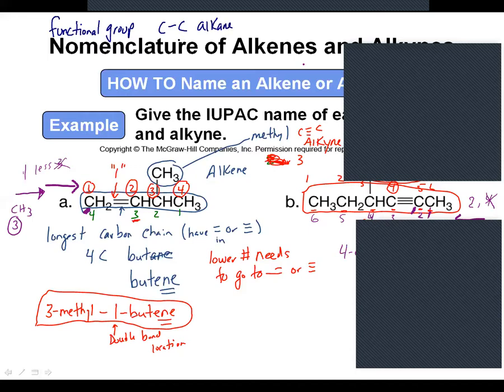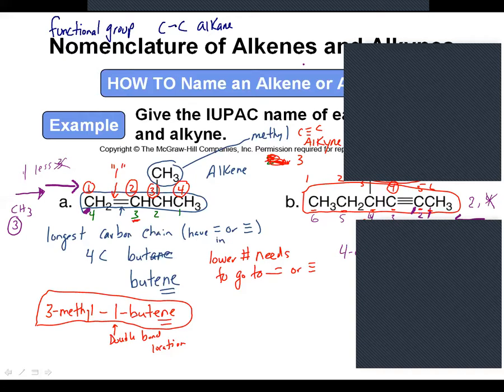These are sometimes referred to as saturated hydrocarbons because they all have carbon-carbon single bonds. That means that each of the carbons in an alkane, for example, will have the maximum number of hydrogens that it should have. Carbon wants to make four bonds, and everything pretty much is hydrogen bonded to it unless you substitute something else out.